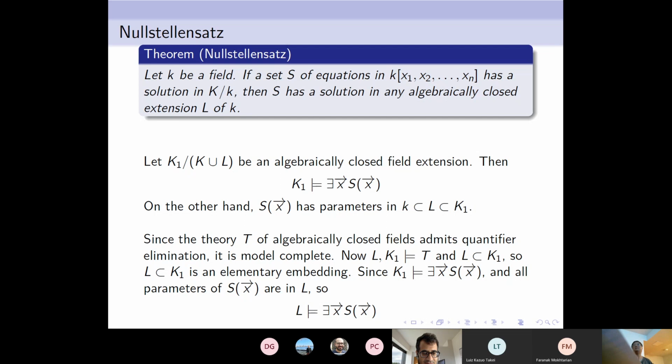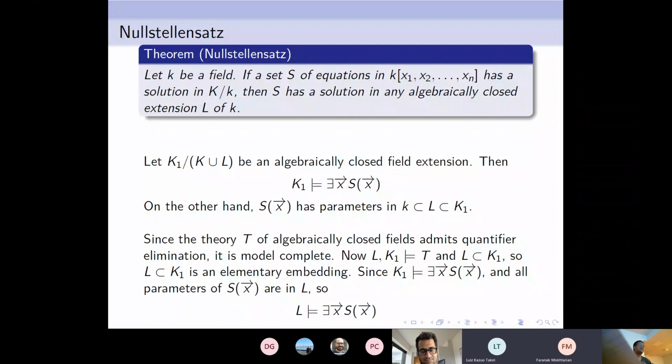Satz means theorem. Null means zero, so zero set. The theorem of the zero set, I believe. I think Stellen is like the place, so it's the theorem of the place of the zeros, something like that. Yes, because it's the zeros of the polynomials.